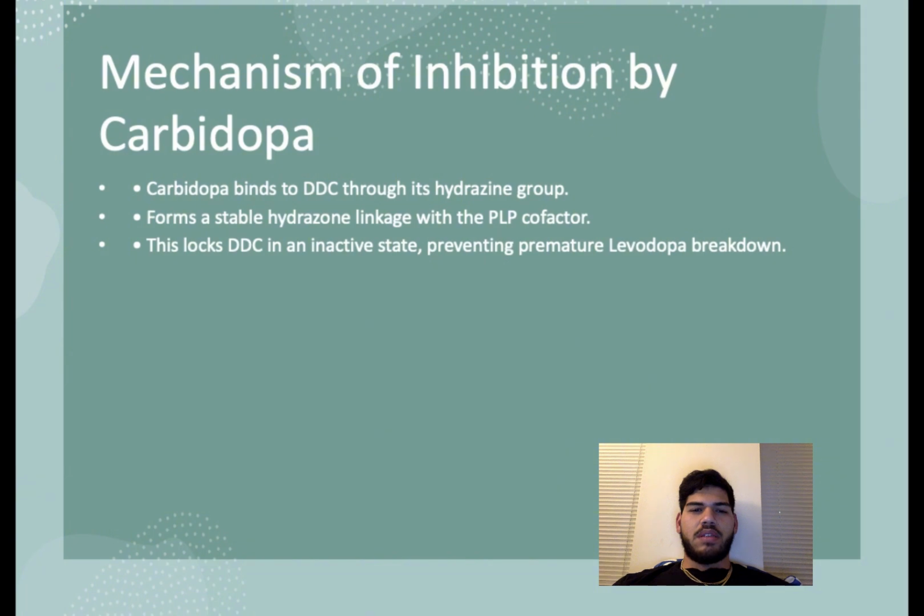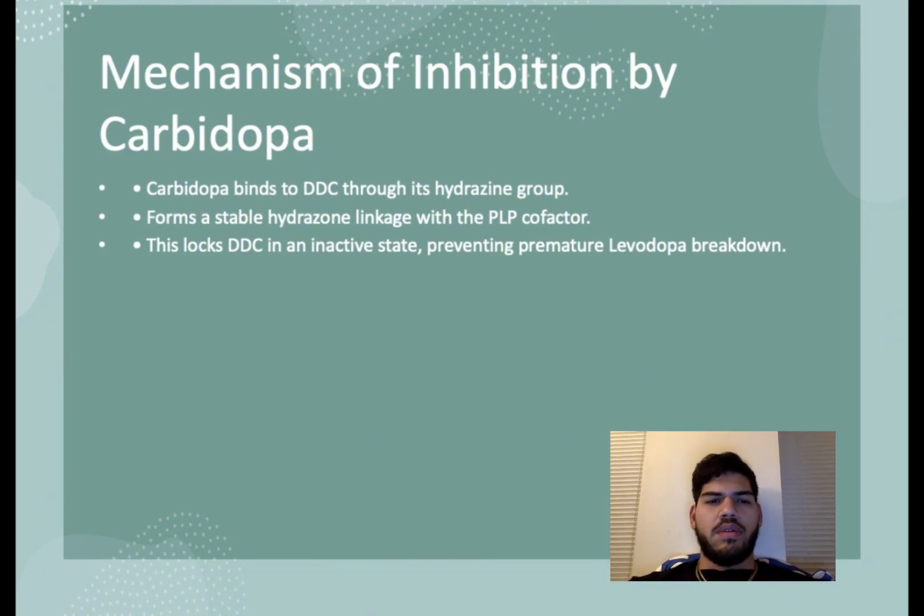This stable linkage locks DDC into an inactive state, essentially turning off the enzyme in the body. By inactivating DDC, carbidopa reduces the dopamine produced outside the brain, allowing more levodopa to cross the blood-brain barrier and be converted where it is needed. This mechanism of inhibition is key to enhancing levodopa's effects in Parkinson's therapy.